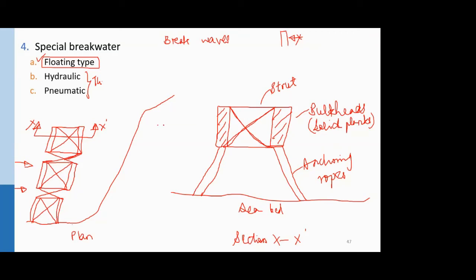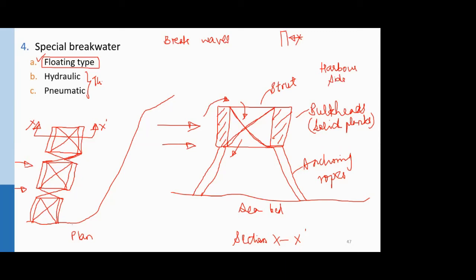Okay? And obviously, when the wave hits this kind of breakwater, now here you have a solid plank or a bulkhead, and whatever water splashes, or that wave, even if it splashes, we have made this strut section hollow. So whatever the water, it will again go back into the sea, and the harbor side, or the land side, will remain safe from the effect of your waves.